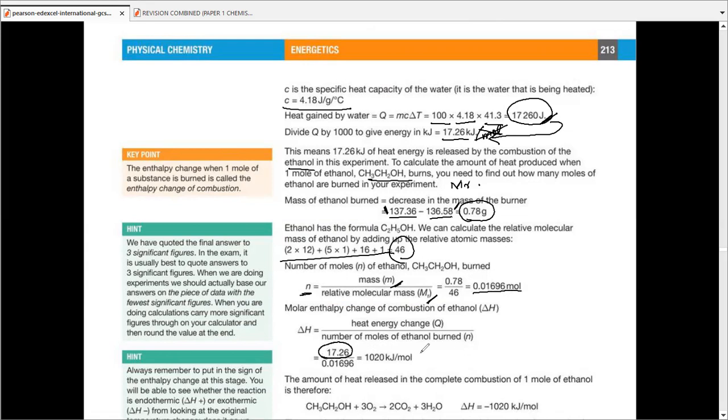Divide the heat in kilojoules by the amount of moles that you have just calculated, and you would know the exact amount in kilojoules per mole that an alcohol gives out when we burn it. And we use exactly the same way for any substance that is burned and the energy is calculated. Make sense? Yeah.